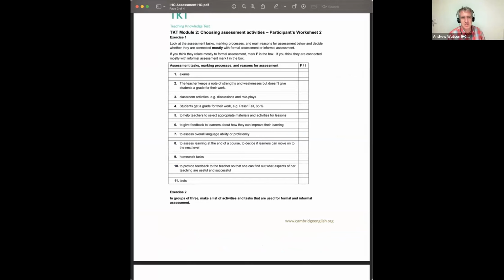It says, look at the assessment tasks, marking processes, and main reasons for assessment below. Decide whether they are connected mostly with formal assessment or informal assessment. So the key word is mostly. If you think they relate mostly to formal assessment, mark F in the box.